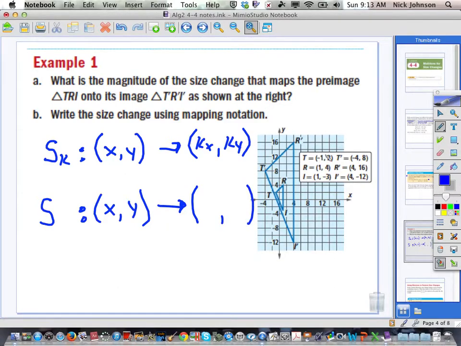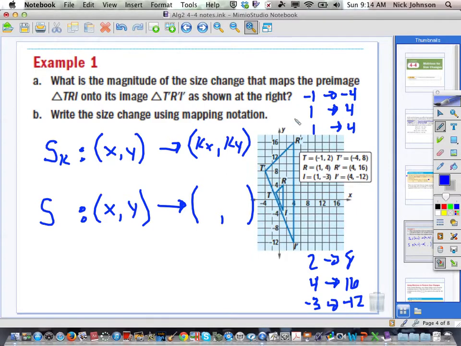So if you look here, a negative 1 maps to a negative 4. R1 maps to 4. And I1 maps to 4. If you look at your y values, 2 maps to 8. And 4 maps to 16. And a negative 3 maps to a negative 12.